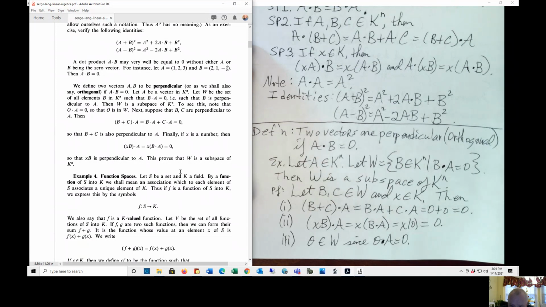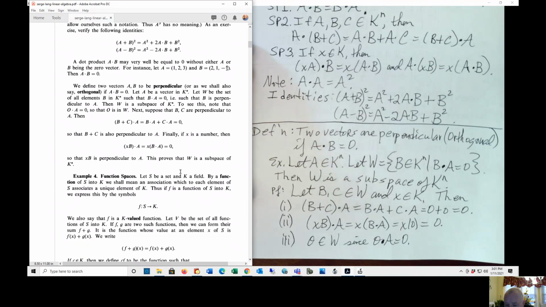And here's the proof of it. All right? Again, we have to show the three axioms for a subspace. Let B and C be two vectors in W, and let x be a scalar in the scalar field K. And then we have to look at addition first.